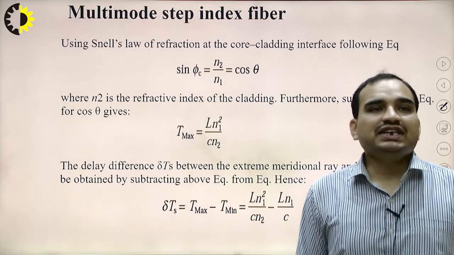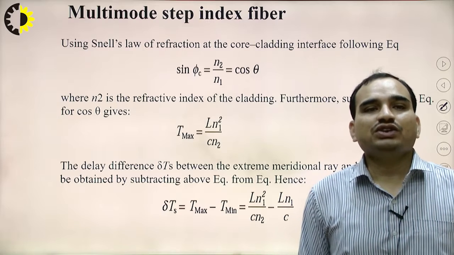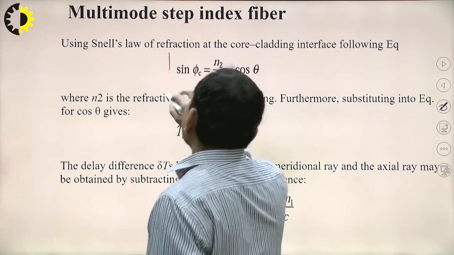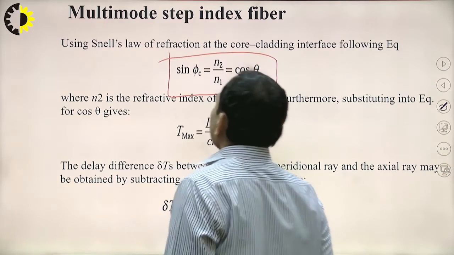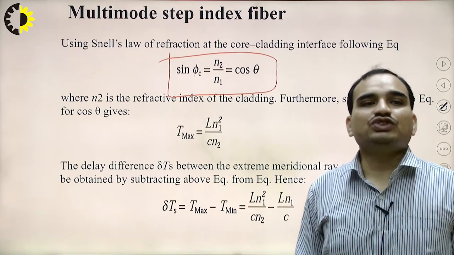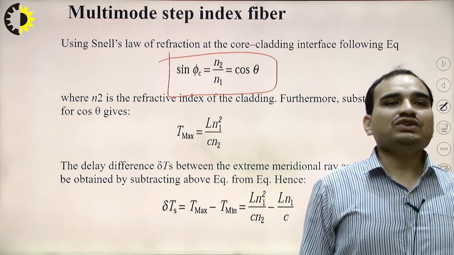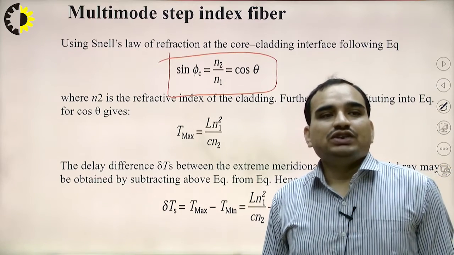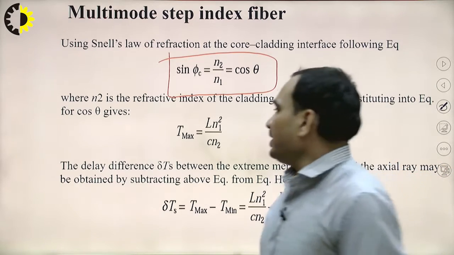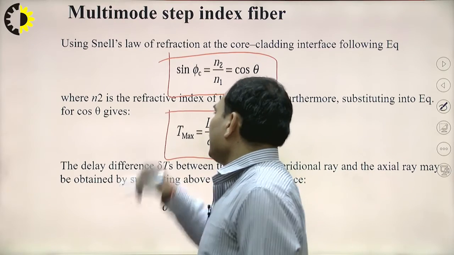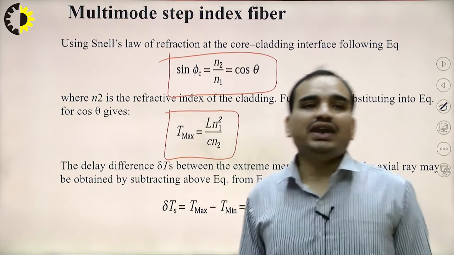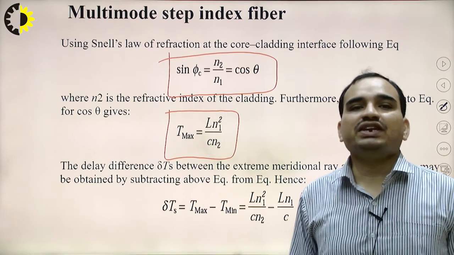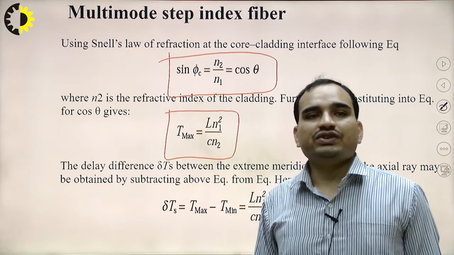Using Snell's law of refraction at the core cladding interface, we have the critical angle, sin phi c equals n2 by n1, which equals cos theta, where n2 is the refractive index of the cladding. Further substituting into the equation for cos theta, we get T maximum equals L n1 squared by c n2, where n1 is the refractive index of the core and n2 is the refractive index of the cladding.